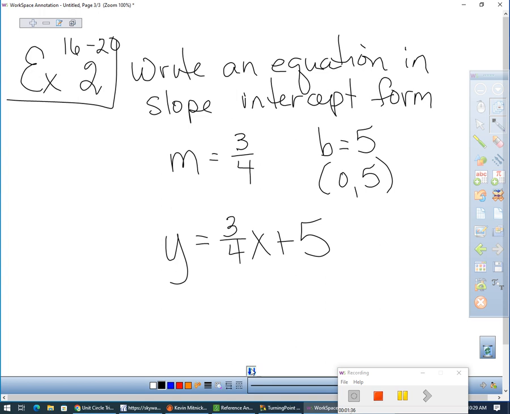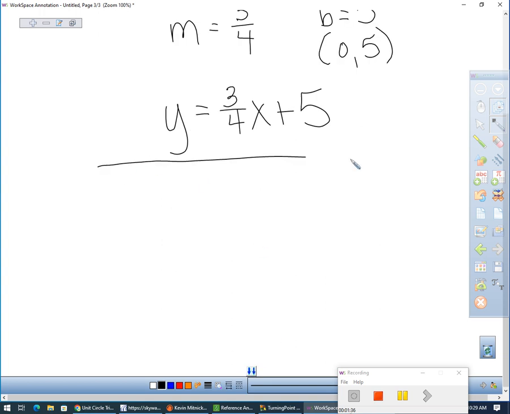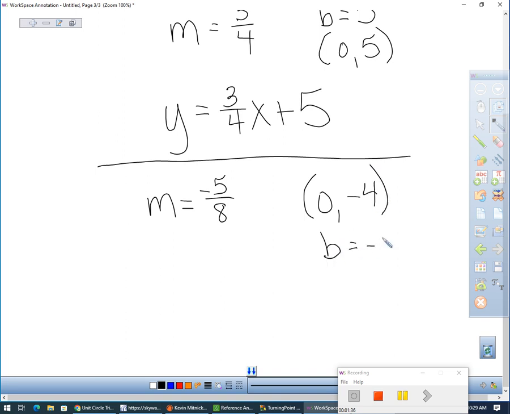Let's do another one in that example. If I tell you your slope is -5/8 and your y-intercept, again, I'm going to write it on every worksheet as a point because that's what it should be written as. Unfortunately, your book still goes b equals -4.